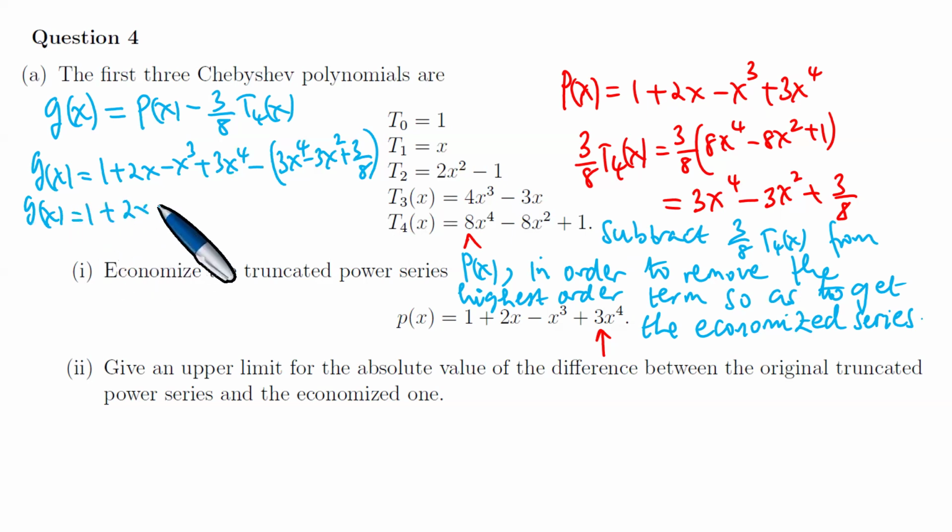Which is 1 plus 2x minus x cubed plus 3x to the 4th power minus 3x to the 4th power plus 3x squared minus 3 out of 8.